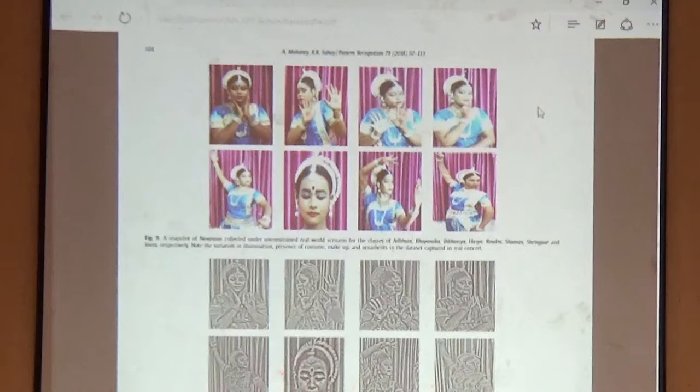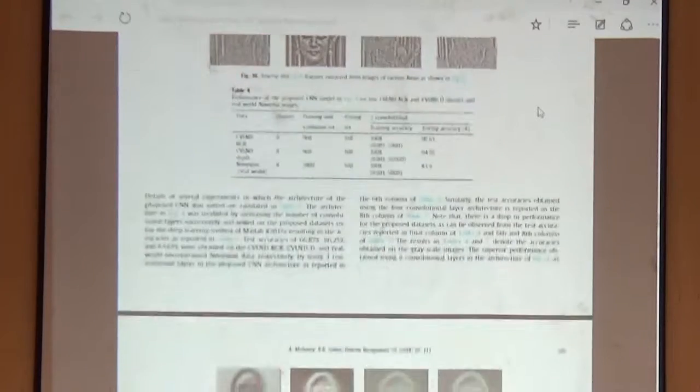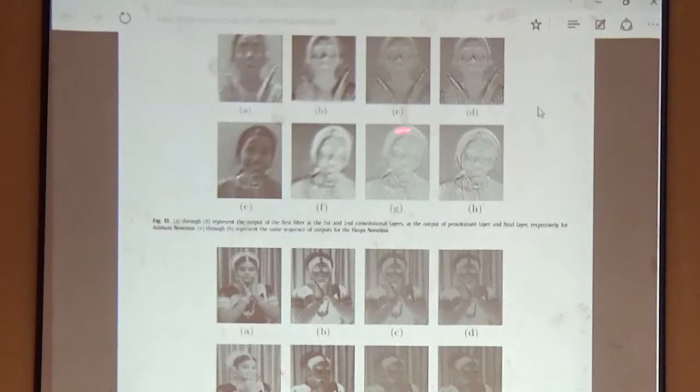If you apply LBP, HOG, SVM, they go for a toss because of this clutter. And these were the outputs of the filter kernels that we learned in the first and the second convolutional layers. So they are extracting something like the high frequency regions in the image.